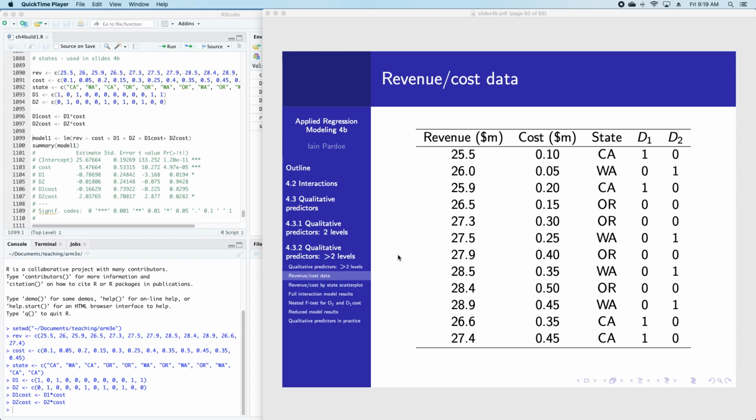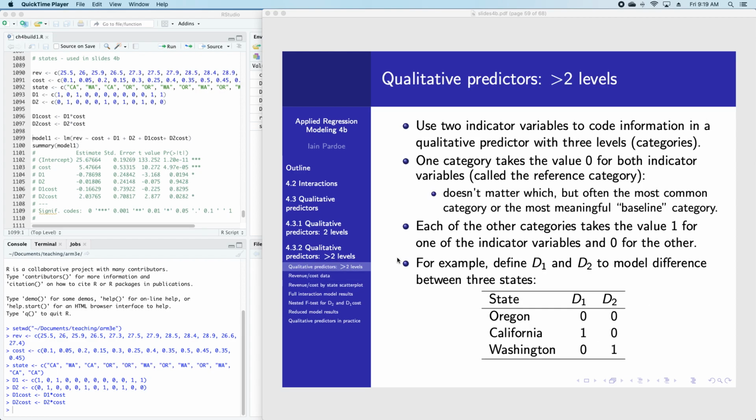I'm just going to pick Oregon as my reference level. As we went through in detail in a previous video, it doesn't really matter, as long as you know which level you have selected for your reference category, the final model results will be the same regardless. We'll see that later on.